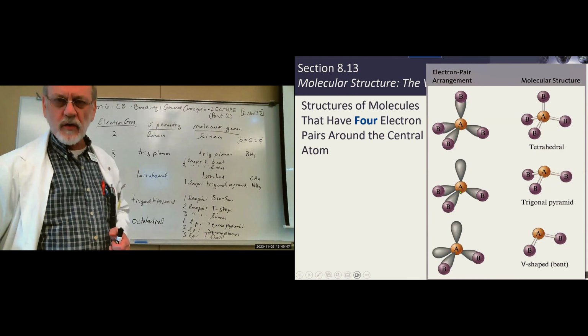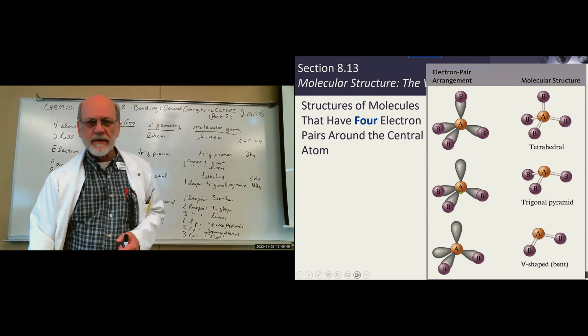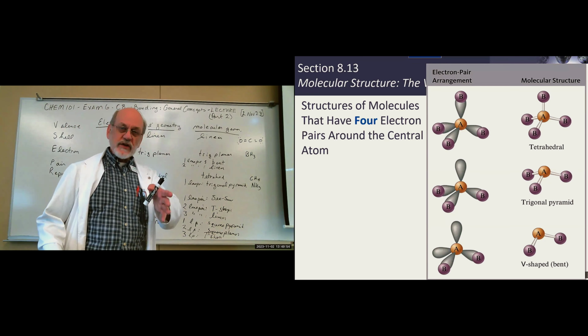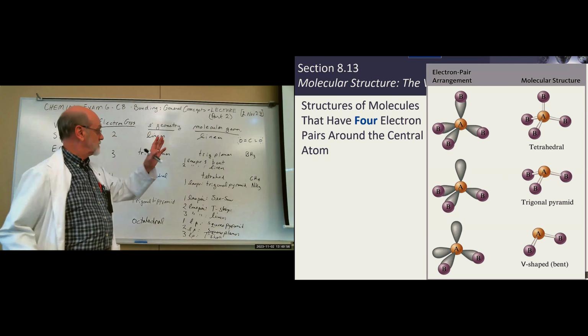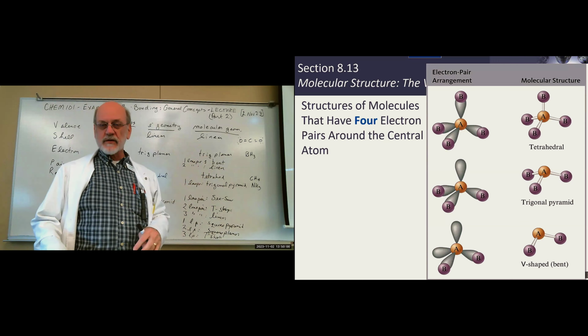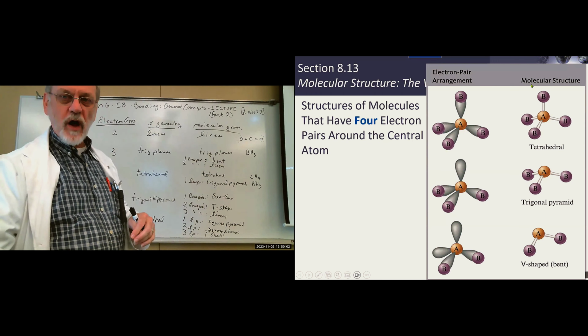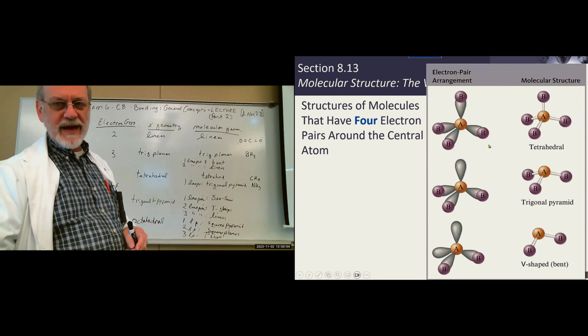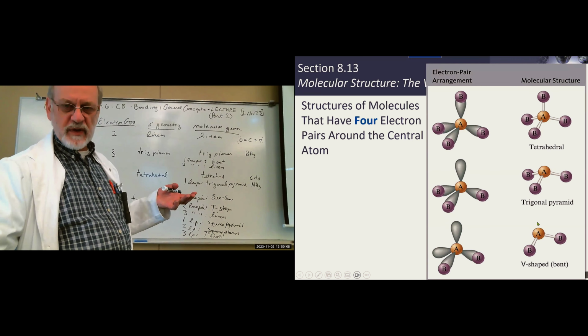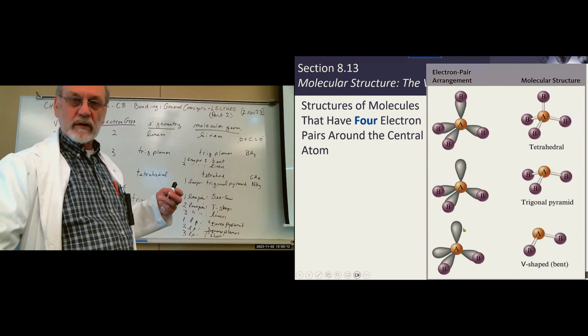All right. So here are examples for the tetrahedron. Right? The transition from the electronic geometry to the molecular geometry. So in each case, we start off with all positions occupied by atoms as tetrahedron, obviously. We're missing one, that's a trigonal pyramid. And missing two, that's a V-shape or bent or angular.